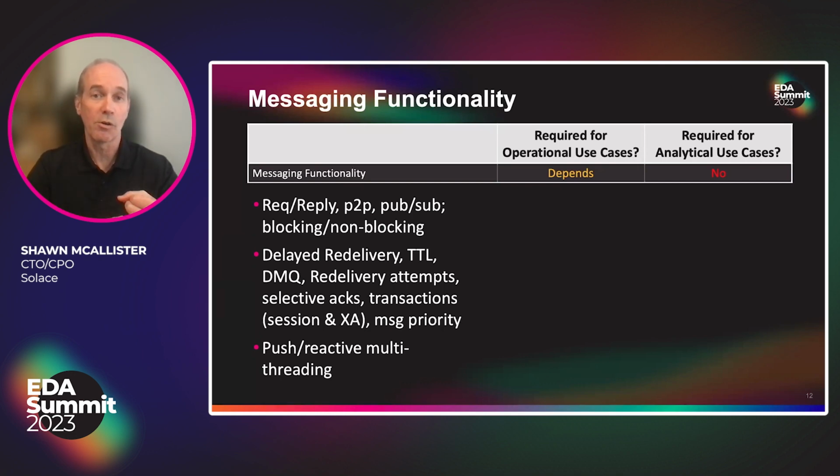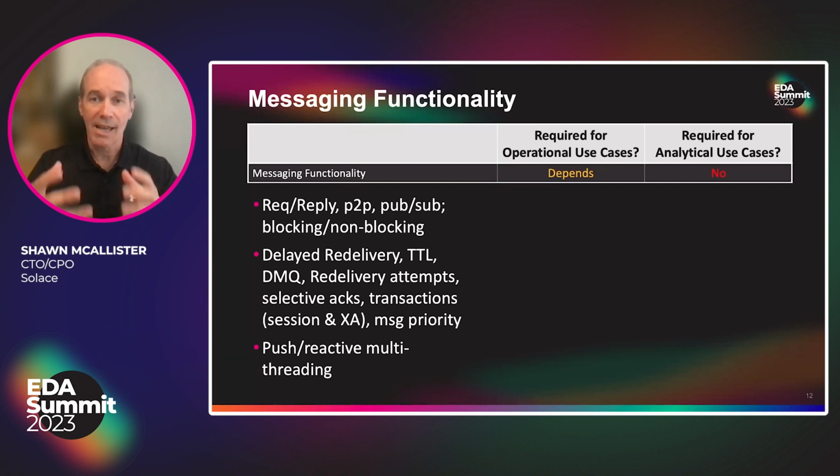You want the broker, if a message is being sent to an application and crashing that application, to have a maximum number of redelivery attempts. And if that doesn't work, you put the event into the dead message queue for exception processing. In some cases, you want time to live because a message needs to be processed within a certain time or a different action needs to be taken.